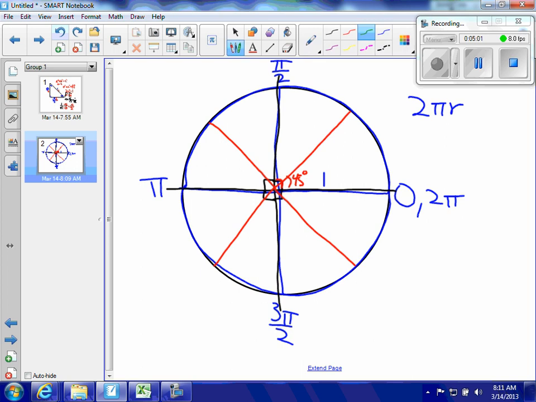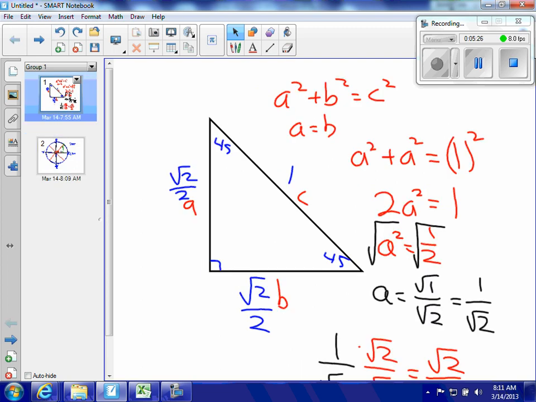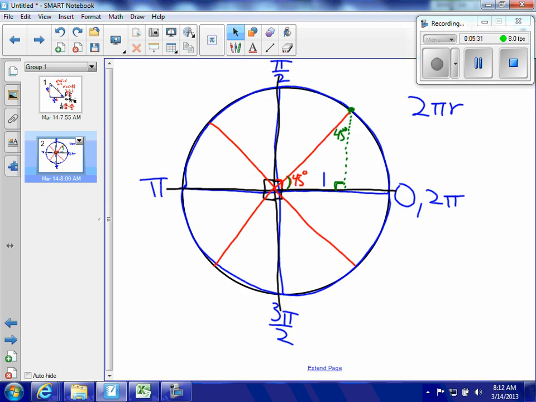And if I take from this point right here on the edge of the circle, and I drop myself down a perpendicular, I have a 45-degree angle, I have a 90-degree angle, and I have another 45-degree angle. That's going to be just like that, a 45, 45, 90 triangle.